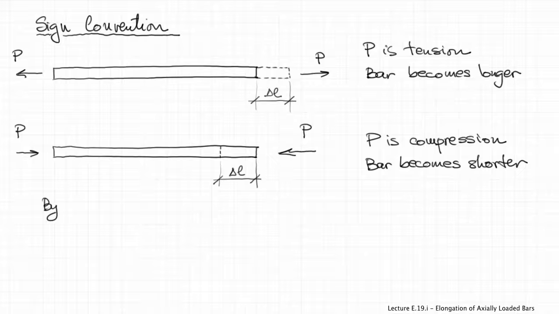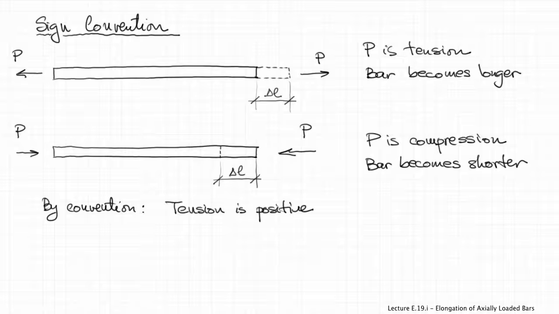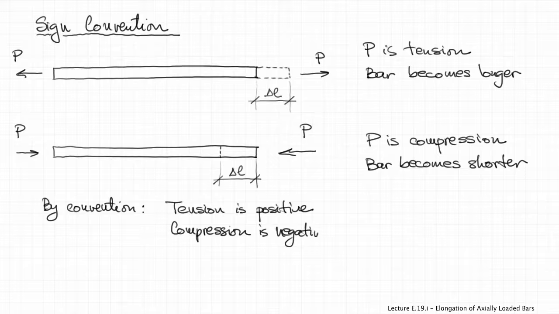So for tension forces, the bar becomes longer. For compression forces, the bar becomes shorter. Now, by convention, we assume that tension is always positive and compression is negative. So this is about forces.